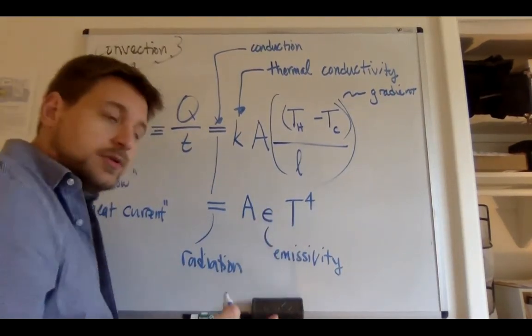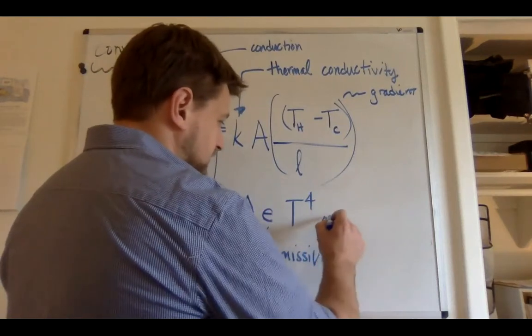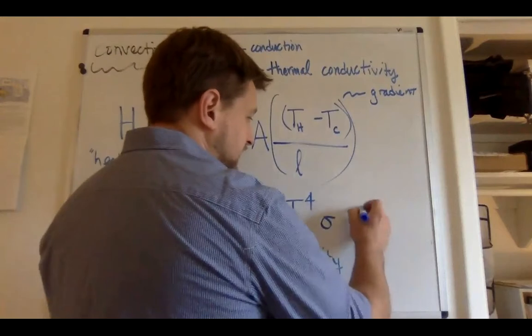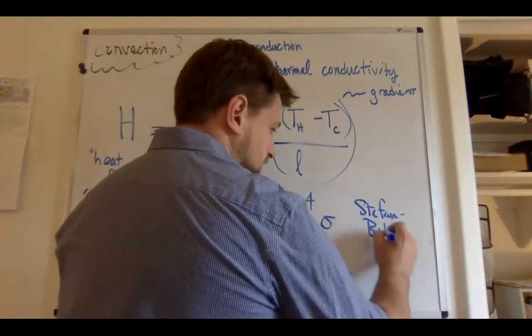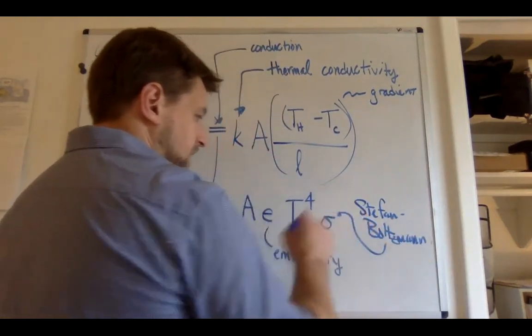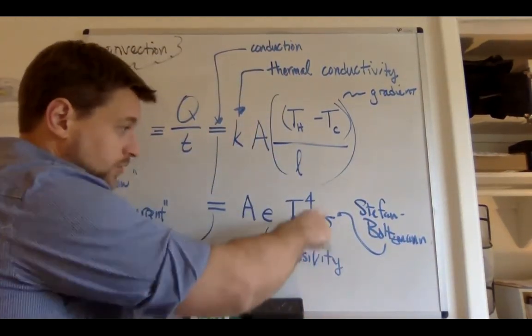And there's one more parameter that I'm going to put on the back. It's a constant that we need in this equation, and it's the Stefan Boltzmann constant. Well, we'll represent it with a lowercase sigma. It's like an O with a tail.